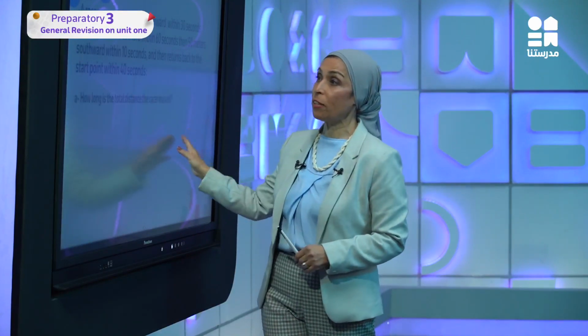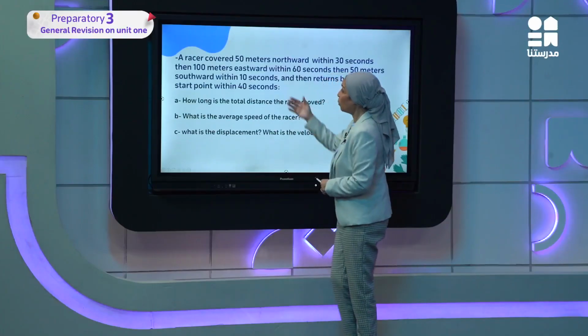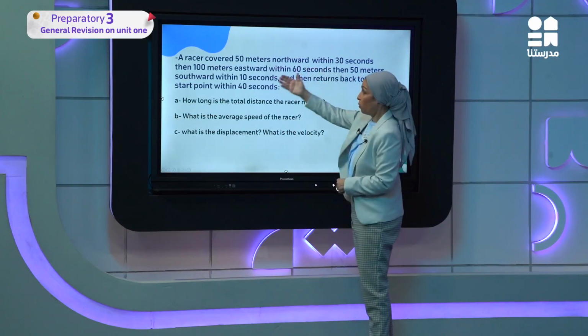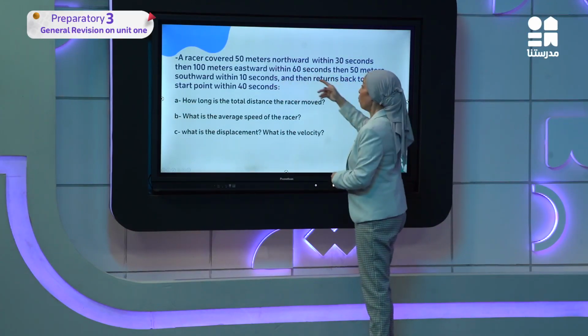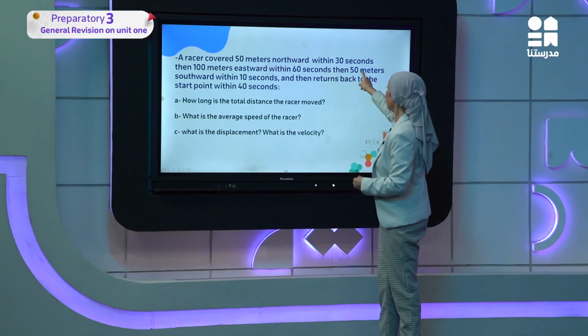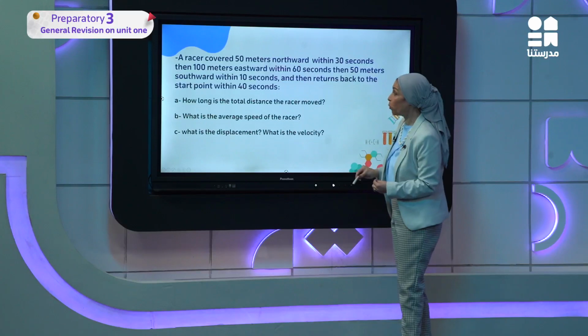We start to solve problems together so we can see how to translate the shape of the problem into a drawing, or how to take the givens. Here I have this problem with its givens. It says a racer covered 50 meters northward within 30 seconds and 100 meters eastward within 60 seconds, then 50 meters southward within 10 seconds.